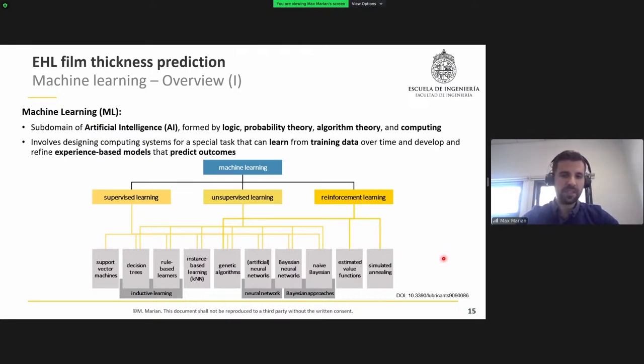But anyway, the intended usages of these numerical algorithms are manifold, and there is a very broad variety of available approaches, ranging from artificial neural networks, ANNs, to, for example, decision trees, support vector machines, or also rule-based learners. So basically, there's a whole variety of approaches that we can employ.